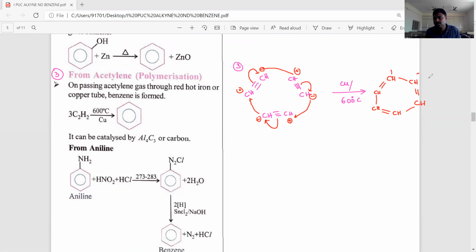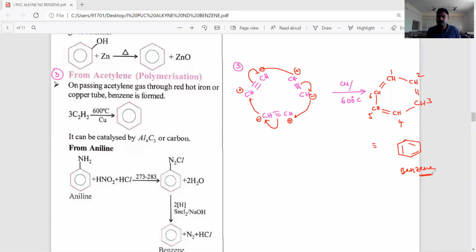Now counting 1, 2, 3, 4, 5, 6, it is a six-membered ring. Benzene is the product.